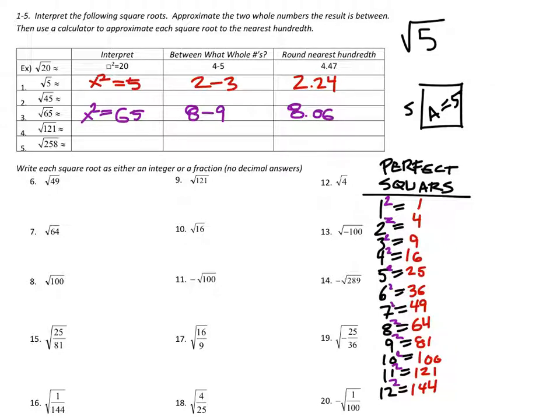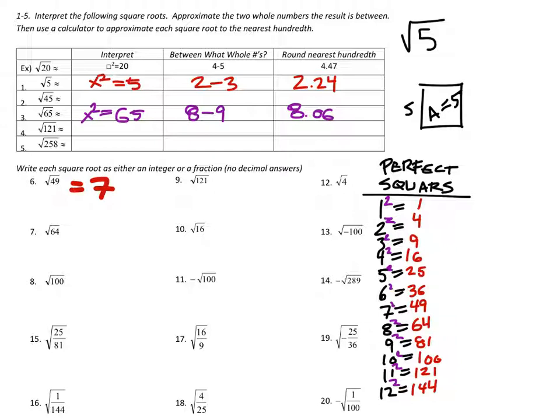So let's move into these other ones. Let's look at 6 through 14 first, just a few of these at least. 6 has the square root of 49. So I'm looking at my perfect squares, and I can see 49 is right there. So the square root of 49 is 7, meaning 7 times 7 is 49.